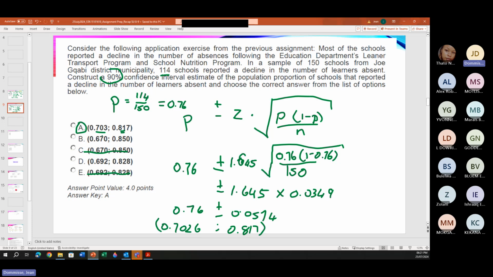So if something like this happens in the assignment, it will just fall away, because you can't have two options that you can pick.